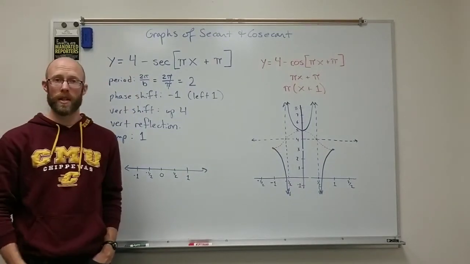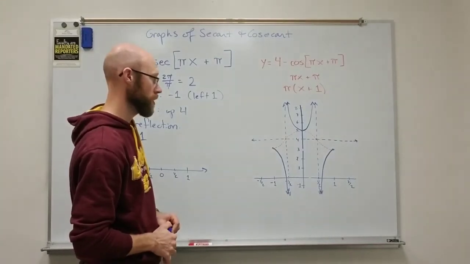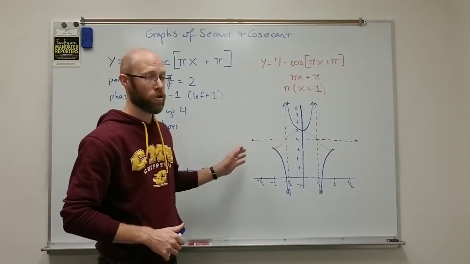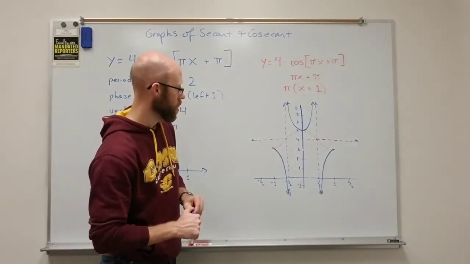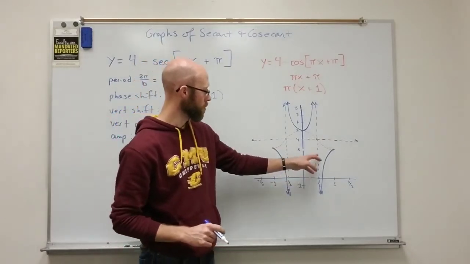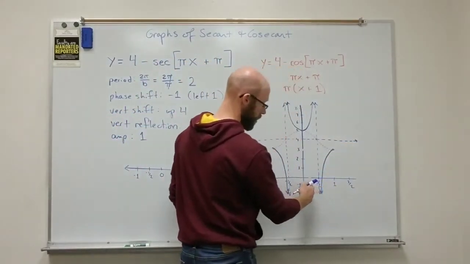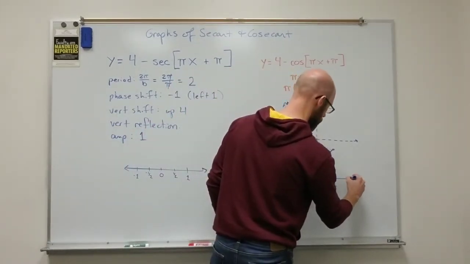So that should give you an idea then of how to plot that graph. I think that covers all of the details. If I needed to plot this out farther, I could do so. I would just need to plot more vertical asymptotes, like at 3/2, because apparently the asymptotes are odd multiples of 1/2.